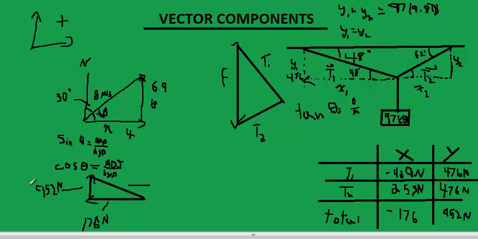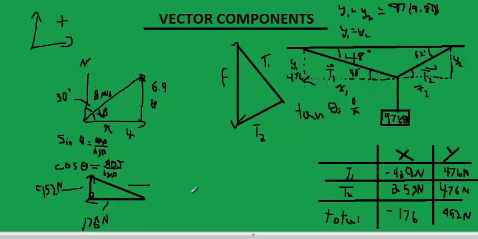Okay, so now we have a right-angled triangle in which we can apply the Pythagorean theorem in order to get our hypotenuse.